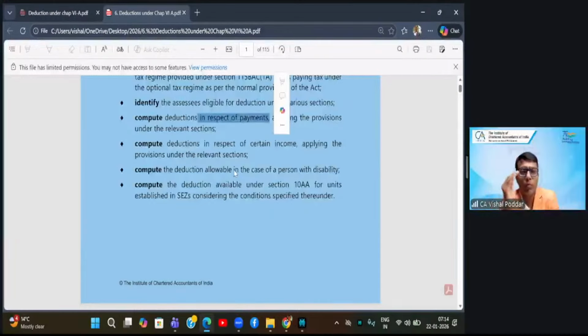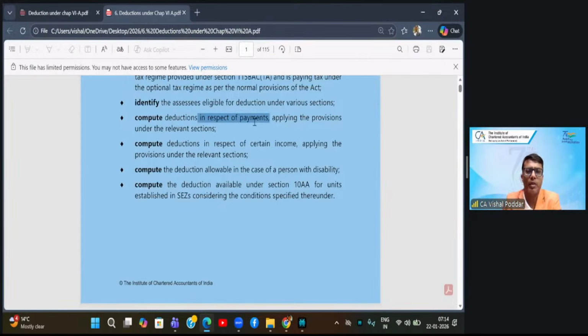More majorly, what we are going to study at inter level is deposits or investments in specified schemes or in specified funds. So the first category of deduction, let us call it deduction on the basis of certain payments, where it may be payment to certain organizations in the form of donations, or it may be investments or deposits. So you have to pay in the form of investing your money, depositing your money in the scheme or list that they have given.